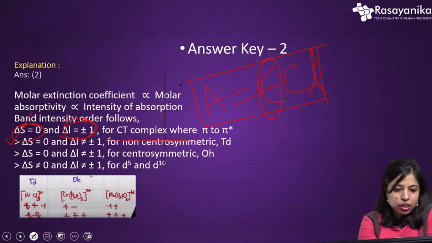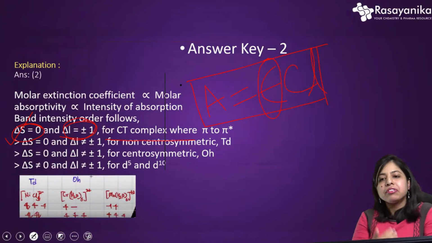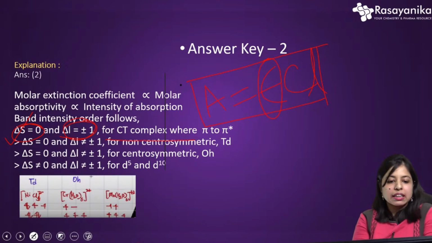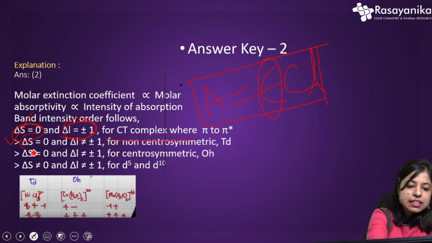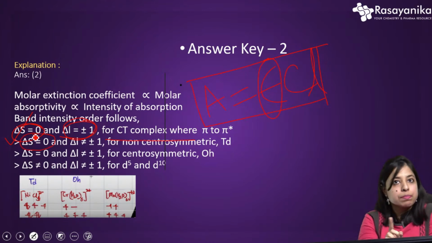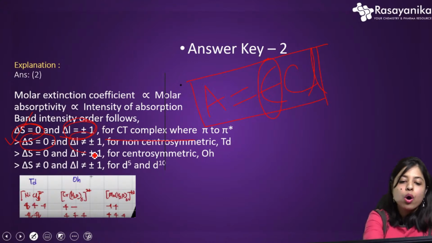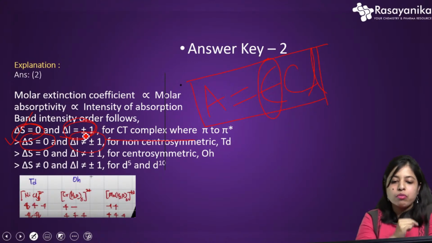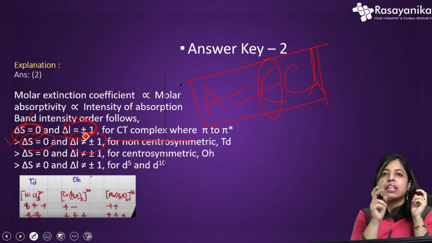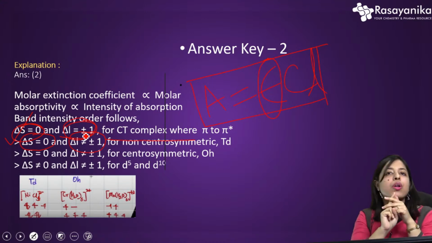Again, our next rule is, if the transition follows spin allowed but not Laporte allowed, that is our second case. That is delta S equals 0, spin allowed transition, but not Laporte allowed, that is delta L is not equal to plus minus 1. For which kind of molecule does this hold? Two kinds of molecules follow this rule.